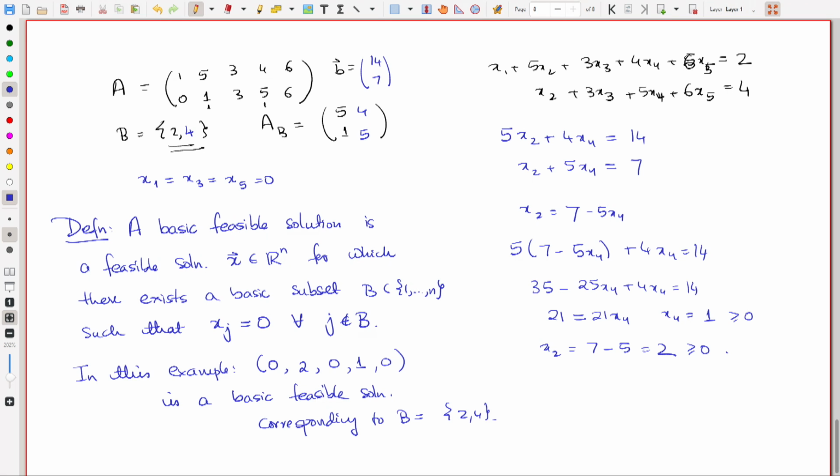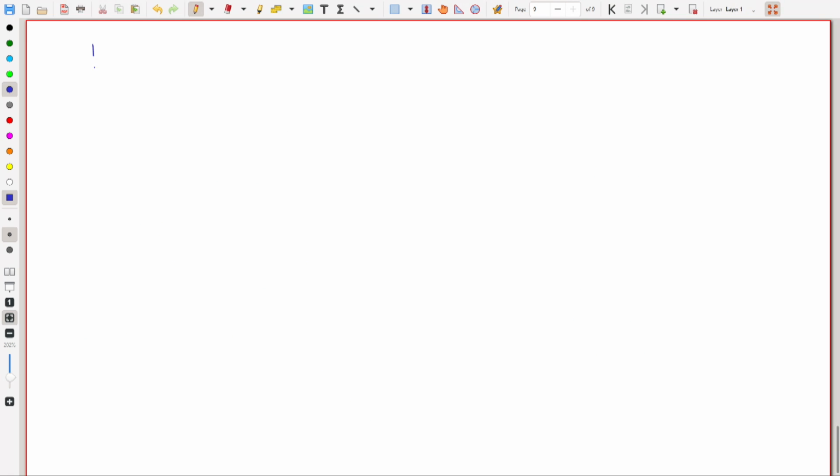The linear programming simplex algorithm rests on the following theorem. So, consider the linear programming problem in equational form.